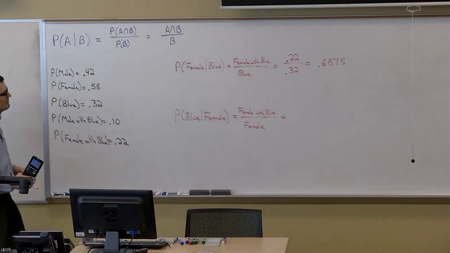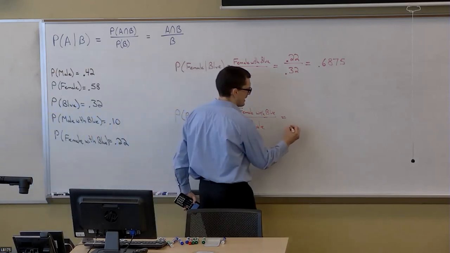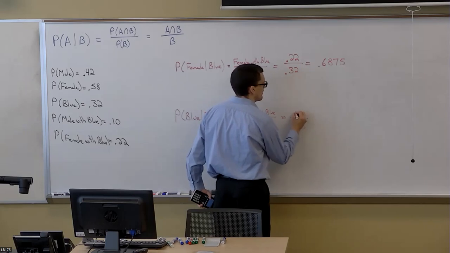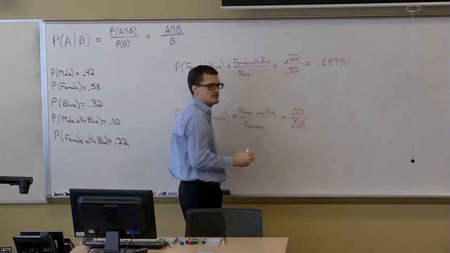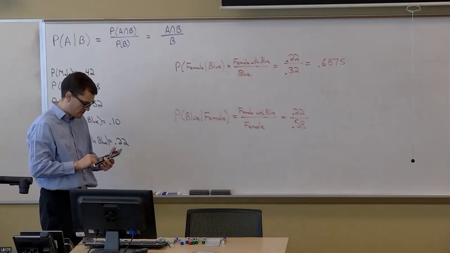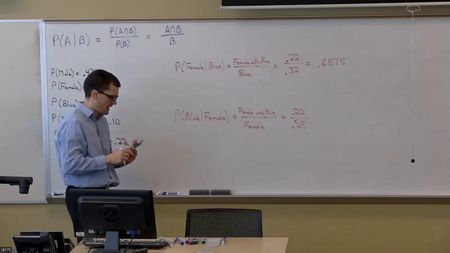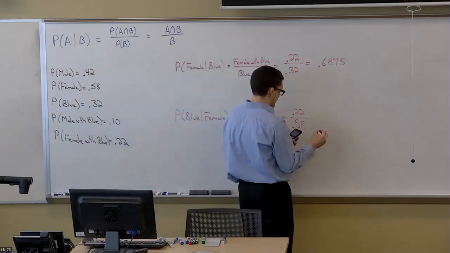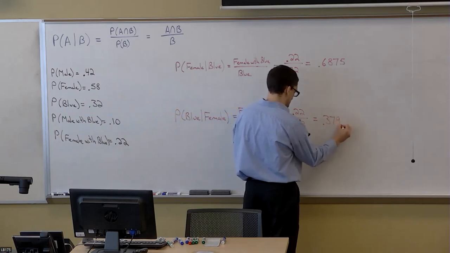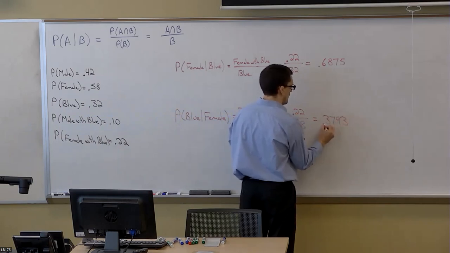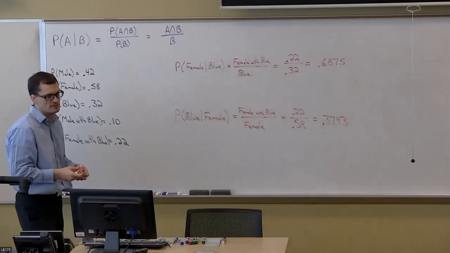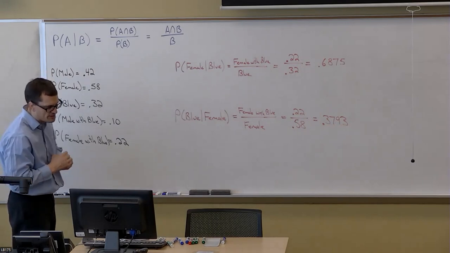Out of the total females, which is 0.58. So 0.58 goes into the denominator, 0.22 goes into the numerator. And I got 0.3793. Again, that's rounded to 4 decimal places.